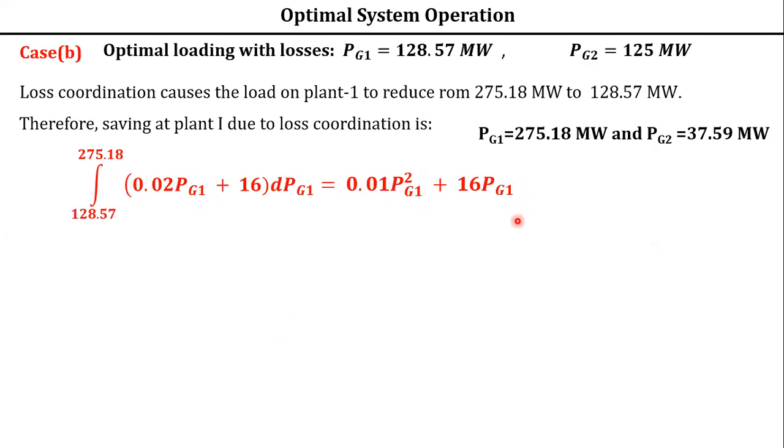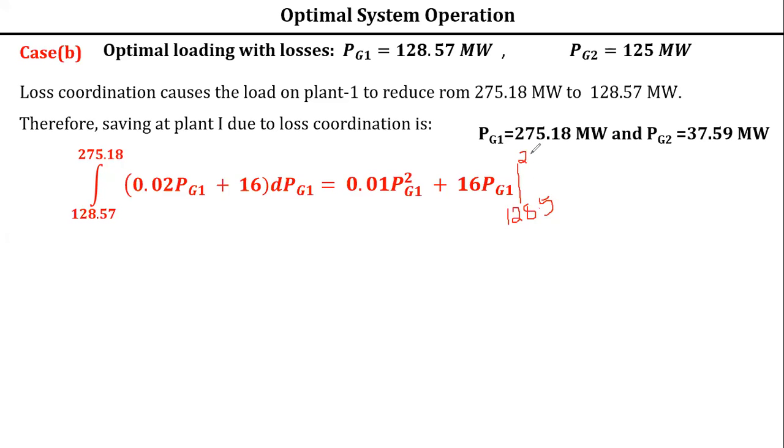I am unable to show it here, so I will use this one and show it here. Over the limits, what you have to substitute here is 128.5, and 275.18.